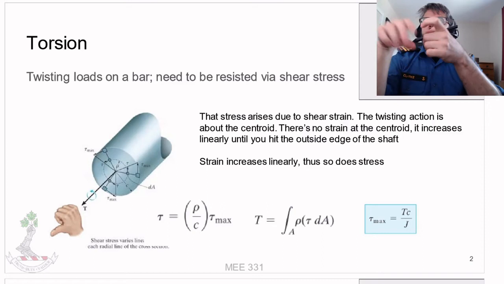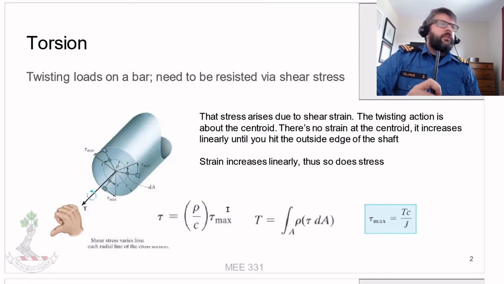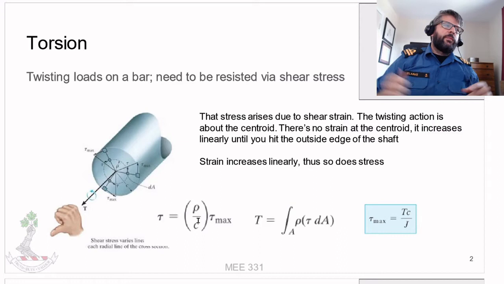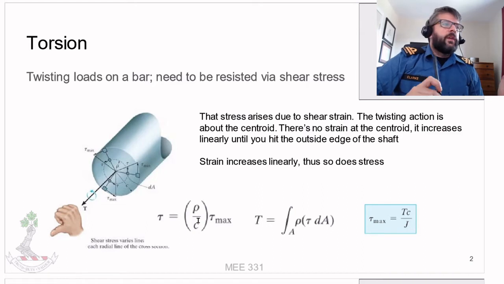So the strain at any particular point is going to be equal to the maximum strain times the ratio of the distance from the center divided by the maximum distance, or like the point on the radius that we're at to the actual radius of the shaft we're looking at.